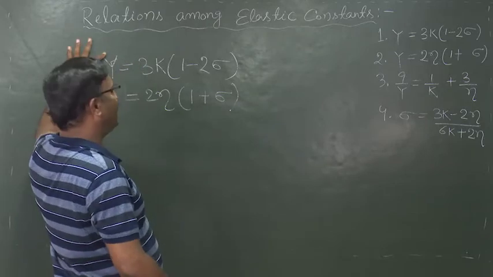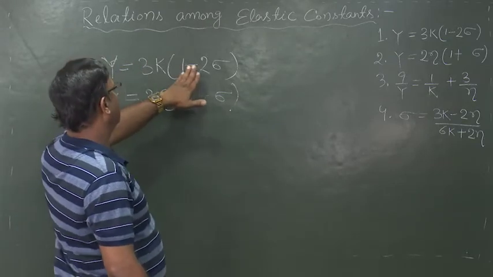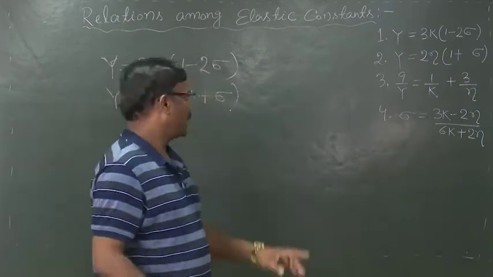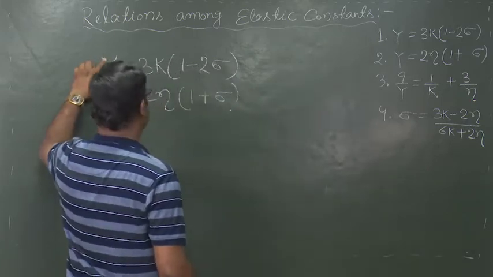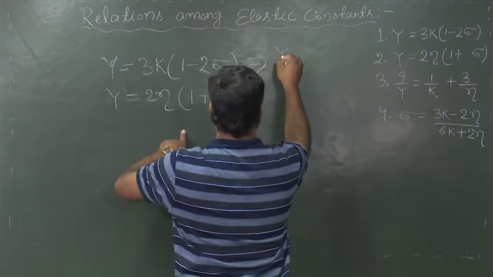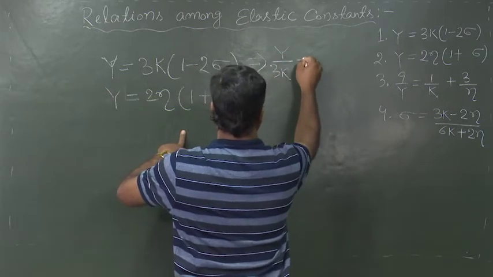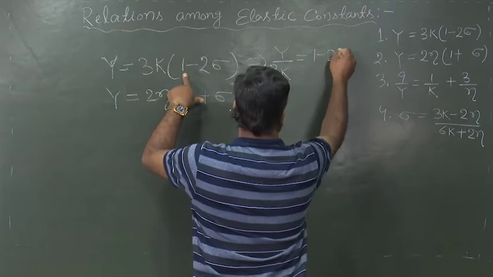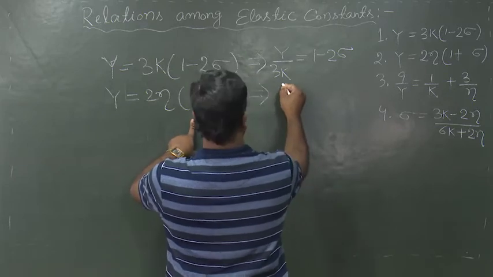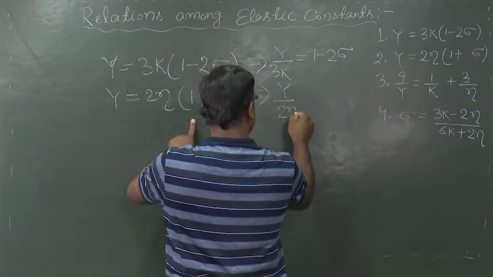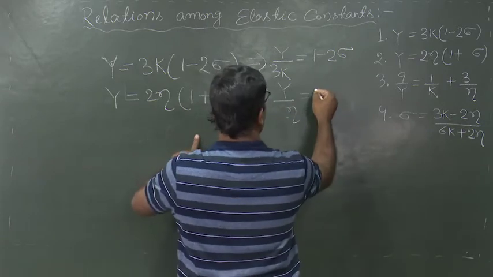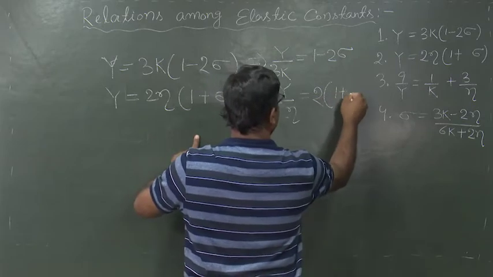Now since the left sides of both the relations are the same, the right sides will be the same, and hence from the first relation we can write Y by 3K is equal to 1 minus 2 sigma, and from the second, Y by 2 eta is equal to 1 plus sigma, so Y by eta is equal to 2 into (1 plus sigma).